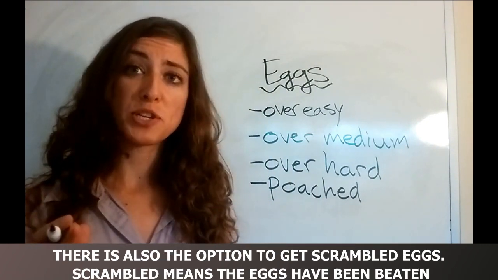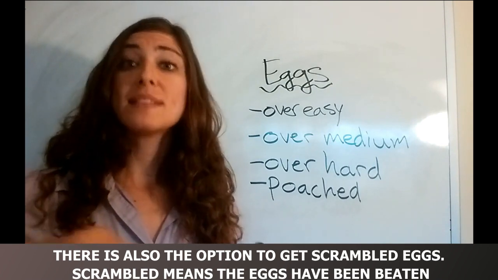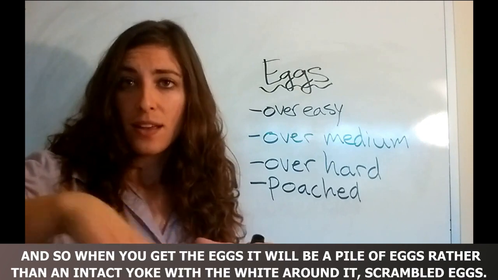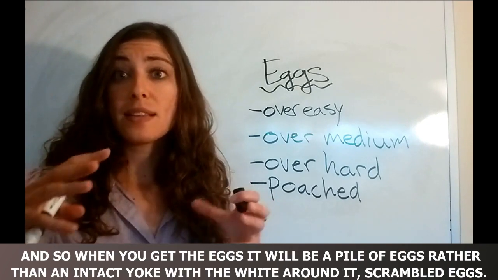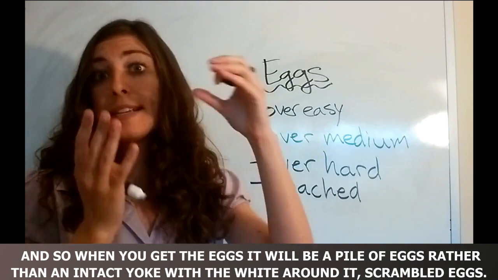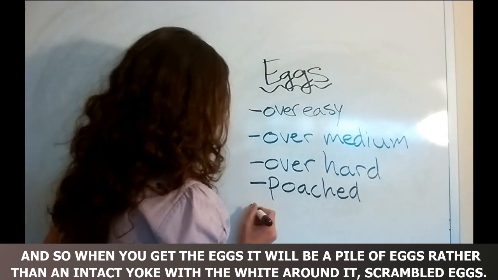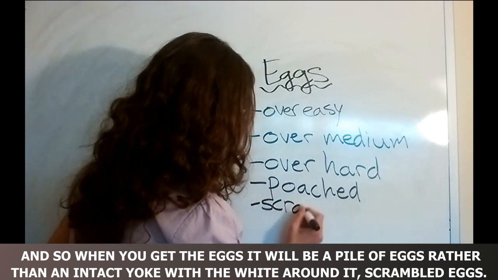There is also the option to get scrambled eggs. Scrambled means the eggs have been beaten, and so when you get the eggs, it will be a pile of eggs rather than an intact yolk with the white around it. Scrambled eggs.